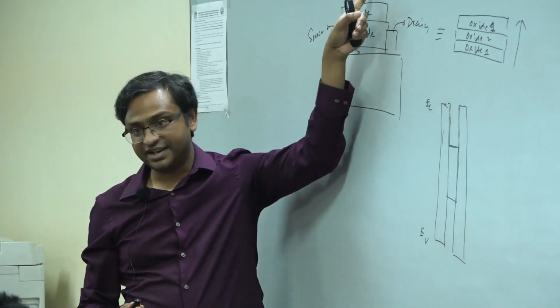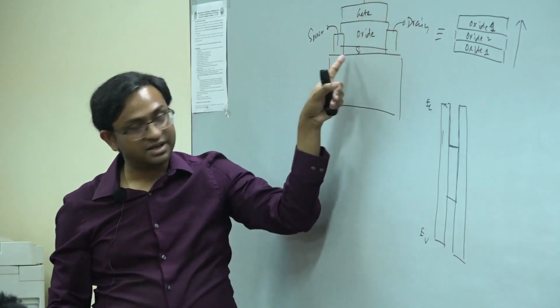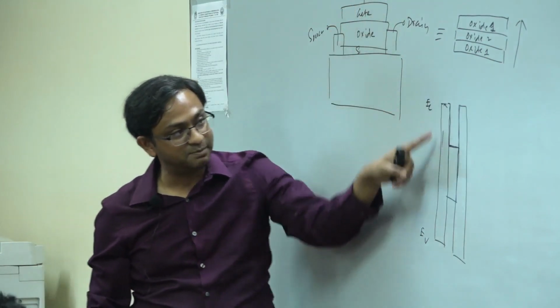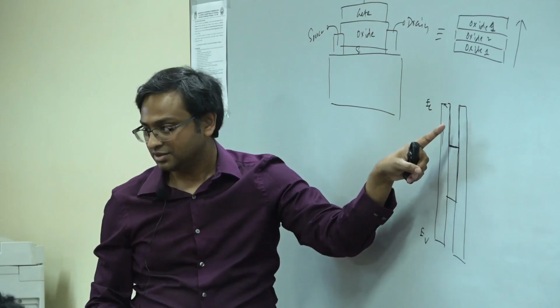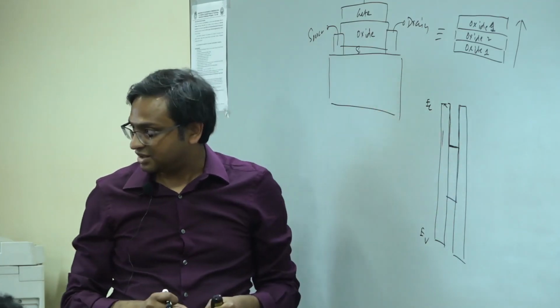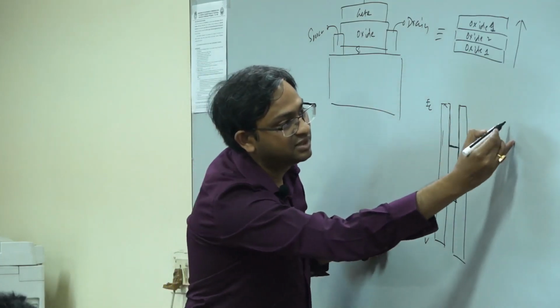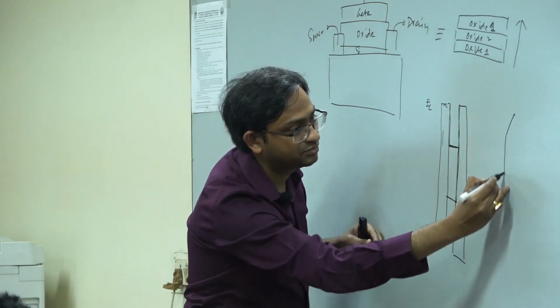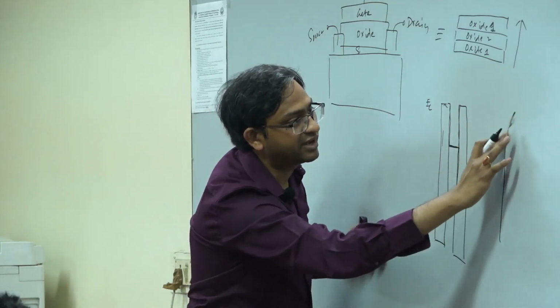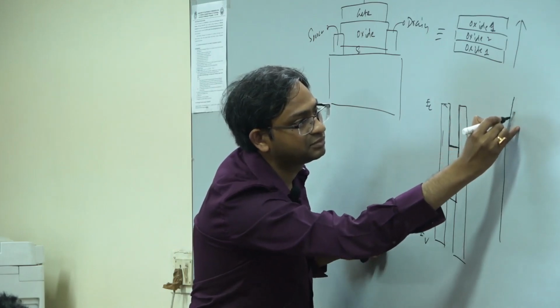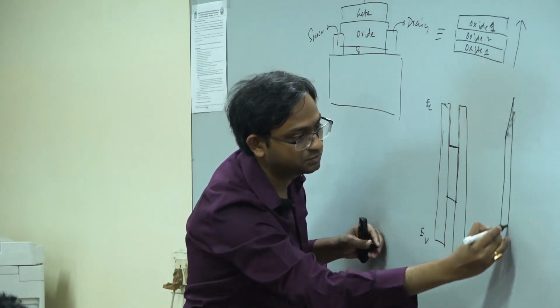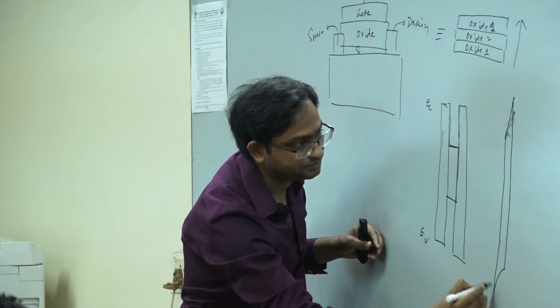But if I apply a gate bias, then there are charges, and when you apply a gate bias, the bands no longer remain flat, because they are going to get curved. So what will happen is, this will look like, let me exaggerate it a little bit, like this.